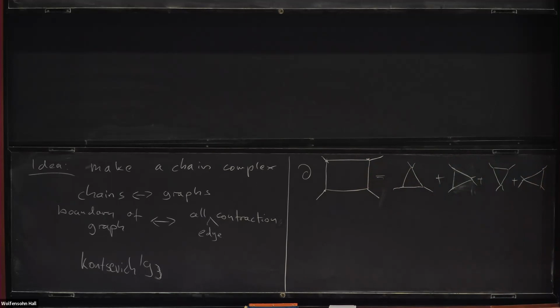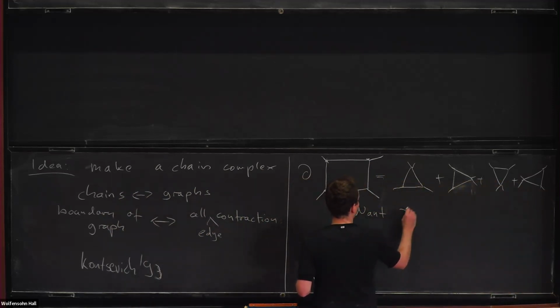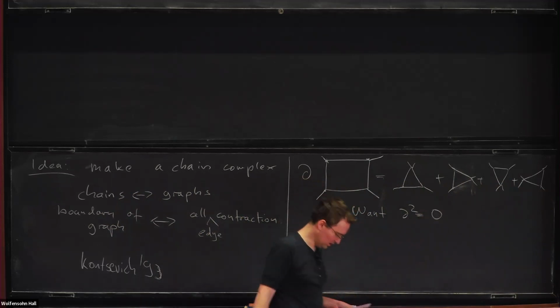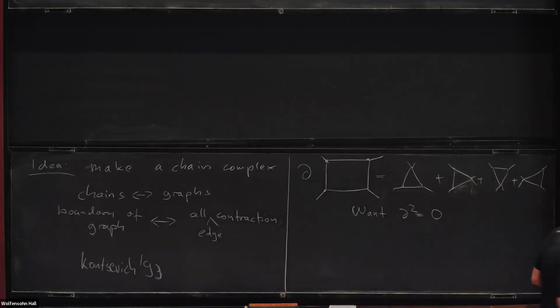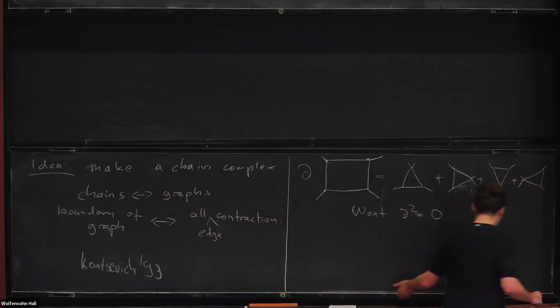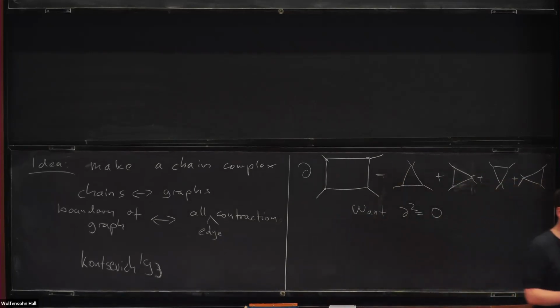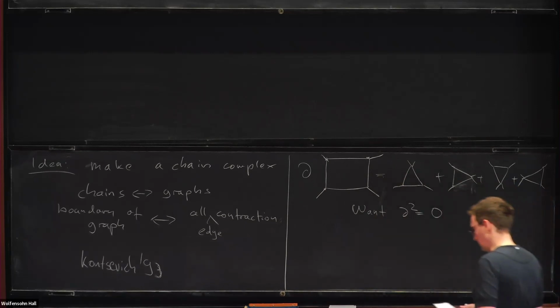I'm mentioning this because this is also a very natural operation in physics, where one thinks about these edge contractions of graphs as determining the shape of IR singularities. But one cannot just define it like this, because what we want from a chain complex is that the differential squares to 0. We need to get some signs into the game as well. This is where the actual definition of the graph complex comes into play, because there's a trick: we can associate an orientation to each graph, and this gives us the necessary signs.